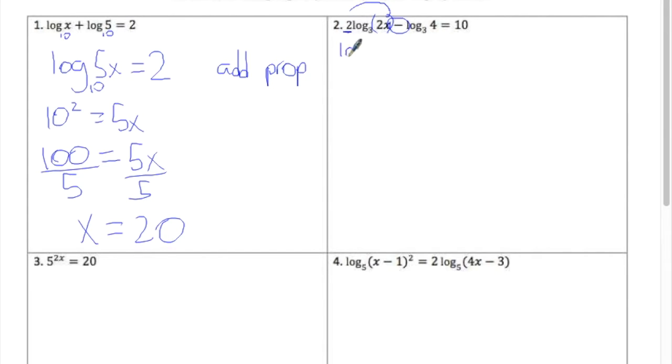So we get log base 3 of 2x squared minus log base 3 of 4 equals 10. And of course, 2x quantity squared is the same as 4x squared.